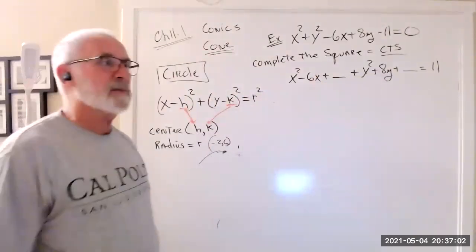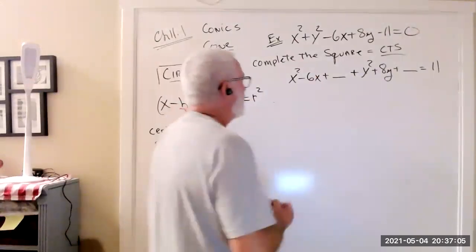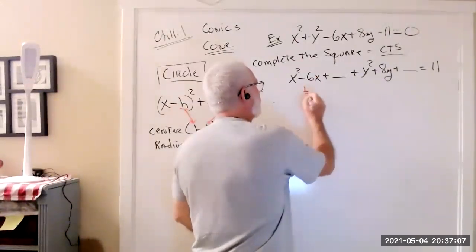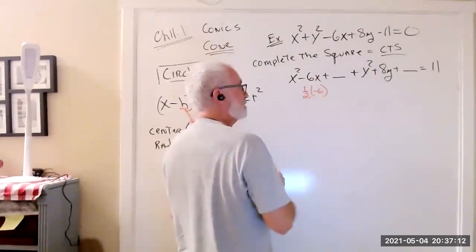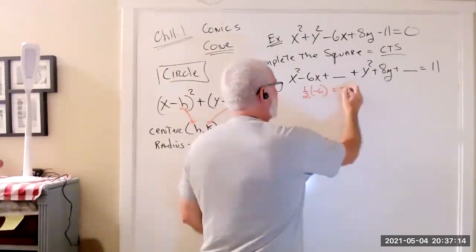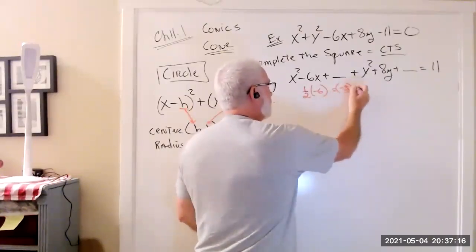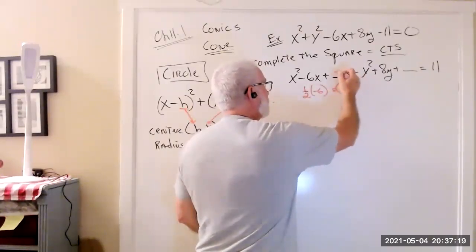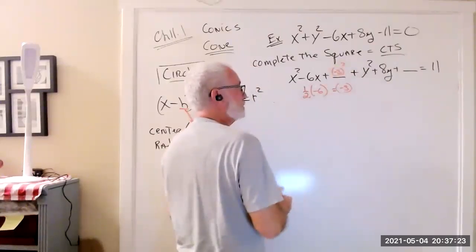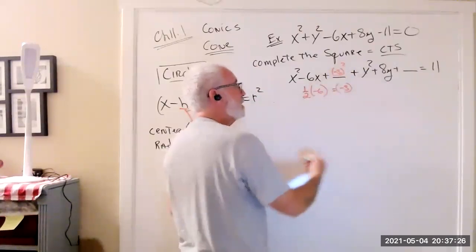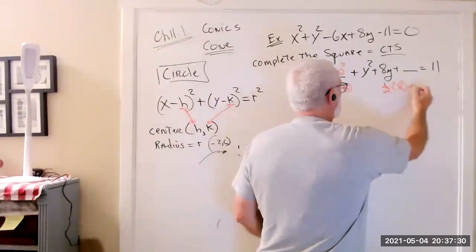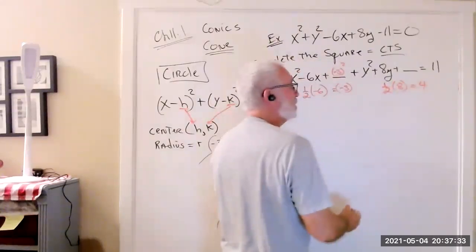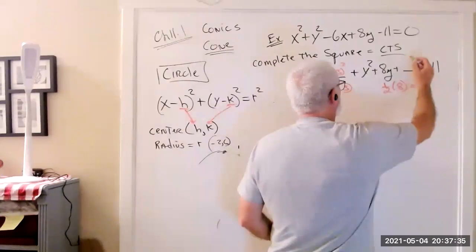Second step is, how do I get my magic number? Well, it was always half times -6, which is -3, but then we square it, which is 9. Over here, half times 8 equals 4, but we square it.